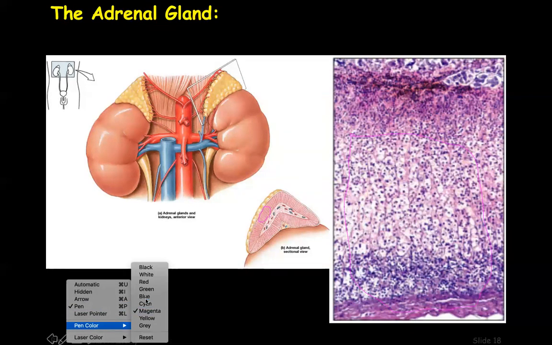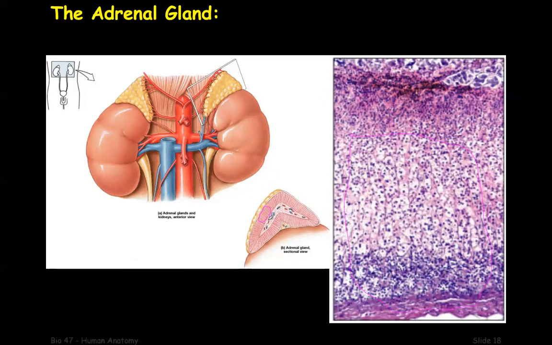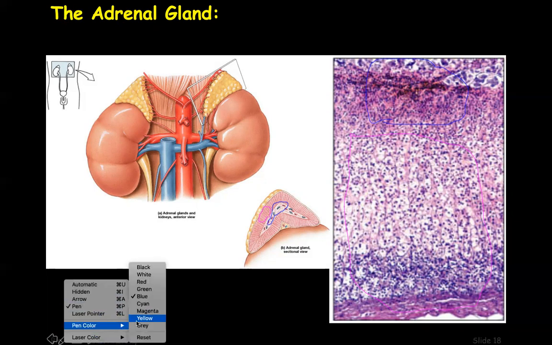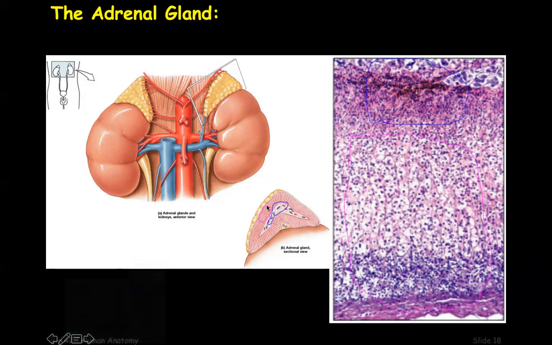And the inner medulla is this area in here, and this area in here. And on the very outer part, what you're seeing is the capsule that surrounds it. So there's a connective tissue capsule on the outside, and you'll see a connective tissue capsule on the outside on the slides.